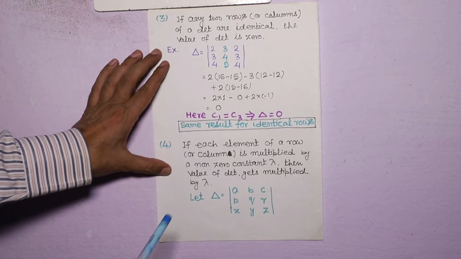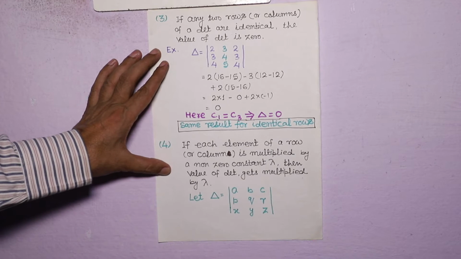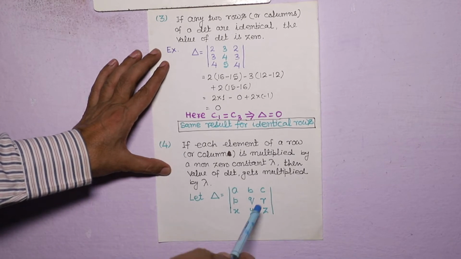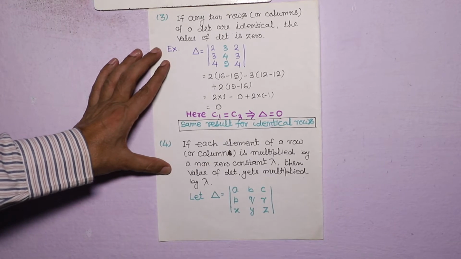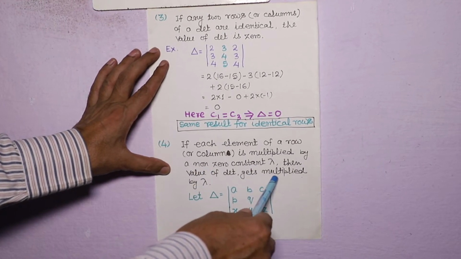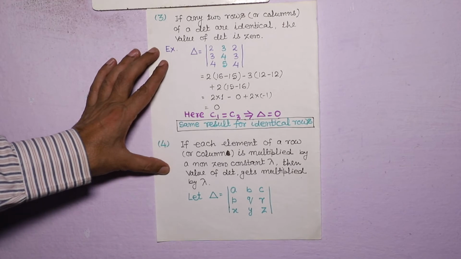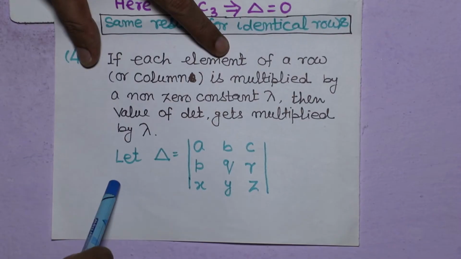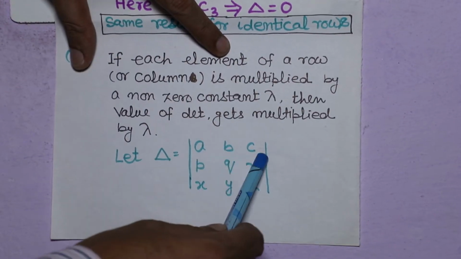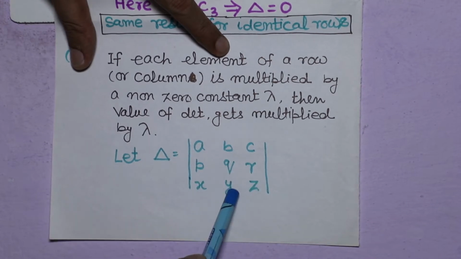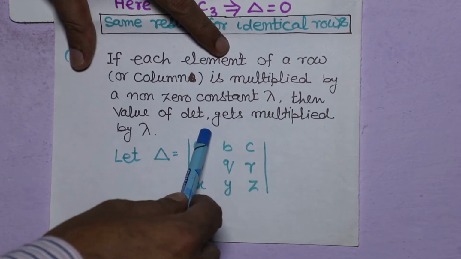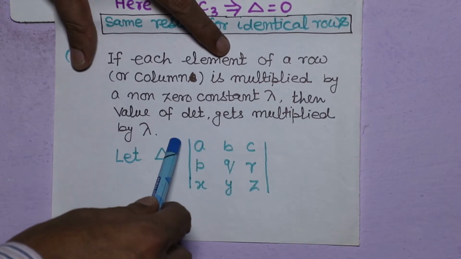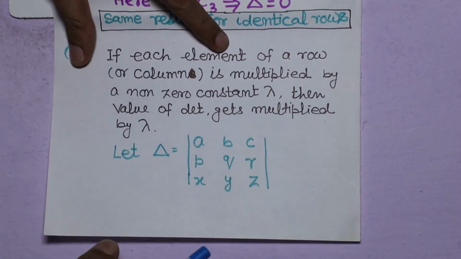Now the next property: if each element of a row or column is multiplied by a non-zero constant lambda, then the value of the determinant gets multiplied by the same constant lambda. So let the determinant be A, B, C, P, Q, R, X, Y, Z. Now multiply any non-zero constant lambda to the elements of a row or column.